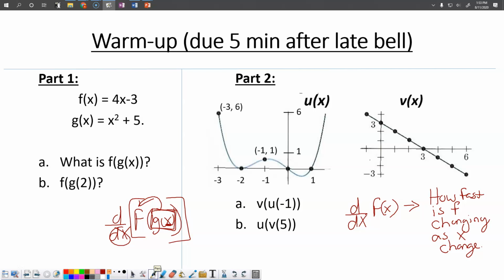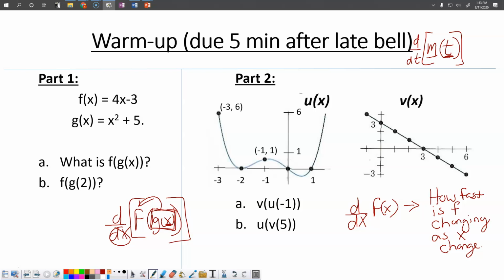Let's suppose you have a job, right? And in your job, the amount of time that you work affects how much money you make. So money is a function of time, right? And if you were to take the derivative of this with respect to t, that basically means that how much time goes by, how fast time is changing, will affect how fast you're making money.